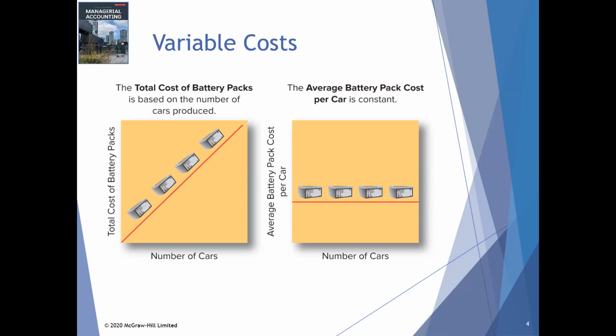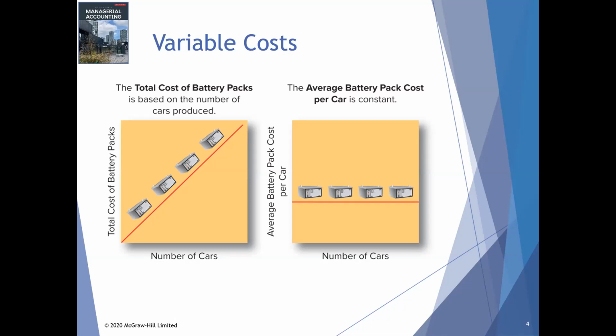On the other side, the average battery pack cost per car will remain constant. It means that if the number of cars is increasing, the average battery pack cost per car will remain the same, right? If there is one car, then the cost of the battery pack is, for example, $10.